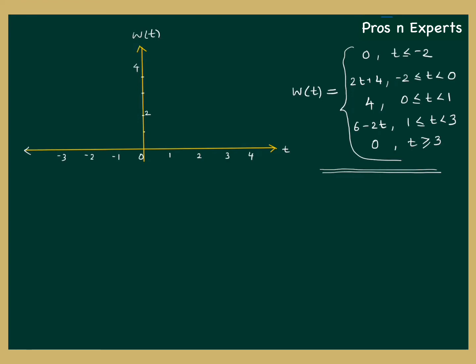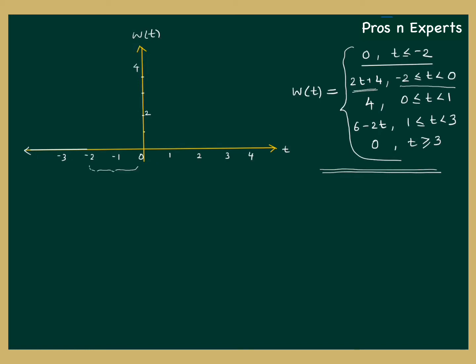Initially, we can see that w of t is equal to 0 for t less than or equal to minus 2. So in this part, the output is simply 0. Now, what happens in the next portion from minus 2 to 0? The output is 2t plus 4.